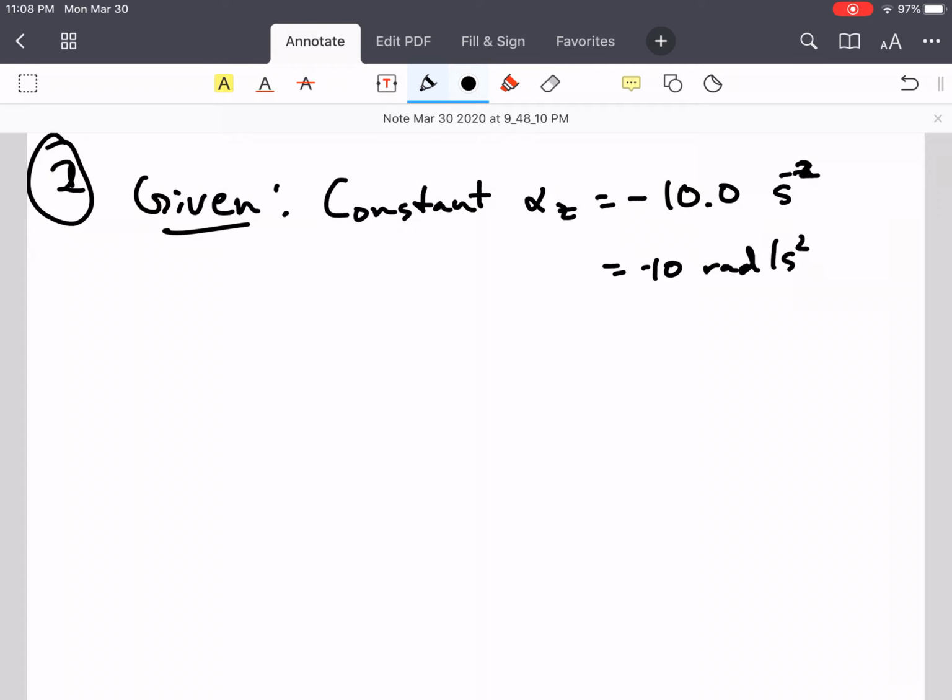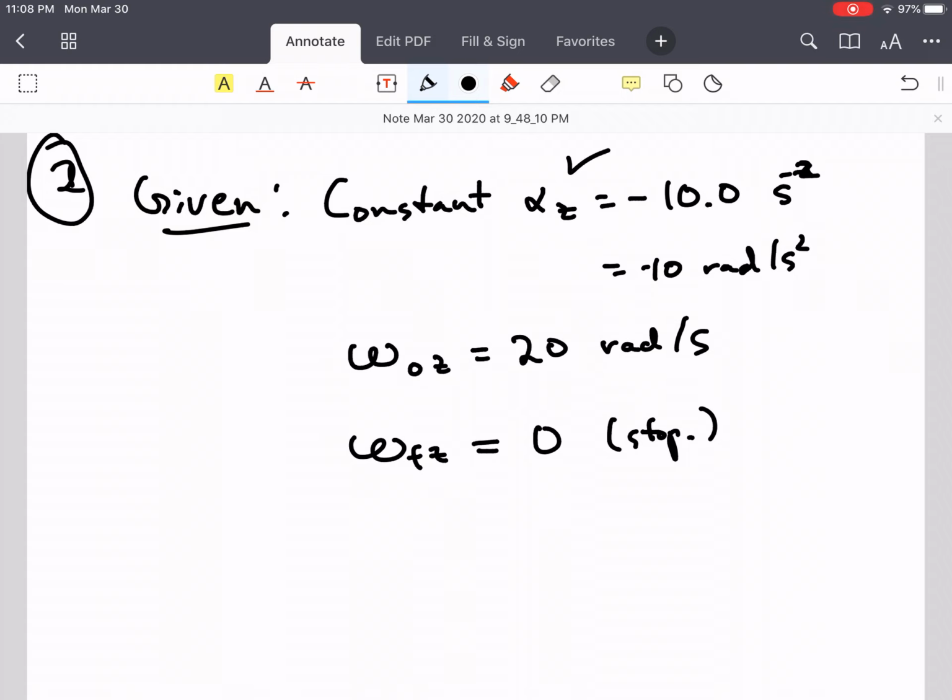I'm given an initial angular velocity in the z direction of 20 radians per second, positive. And what's my final angular velocity? 0, right? When I'm done, I come to a stop.